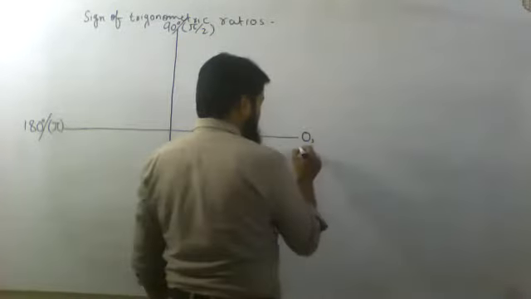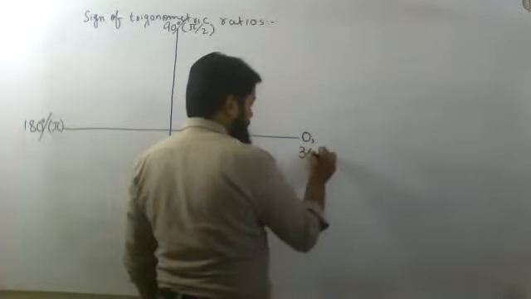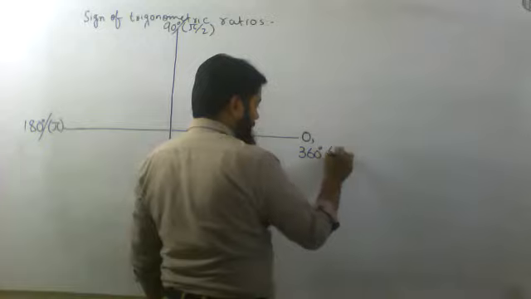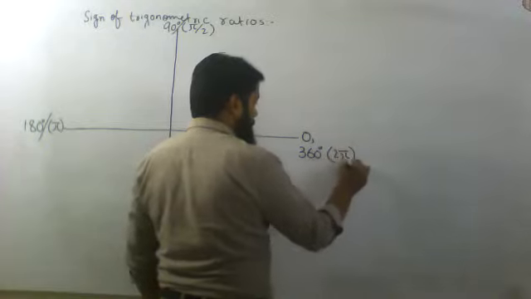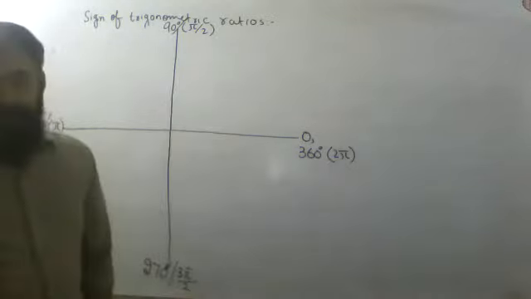And over here it will be 360 degree at the end, which will be known as 2 pi.